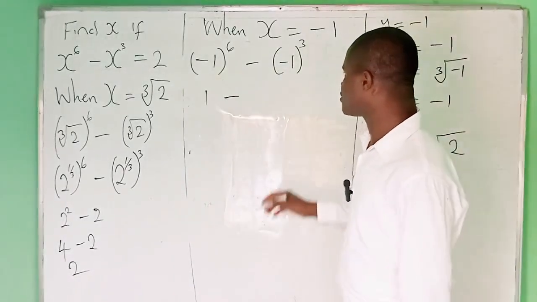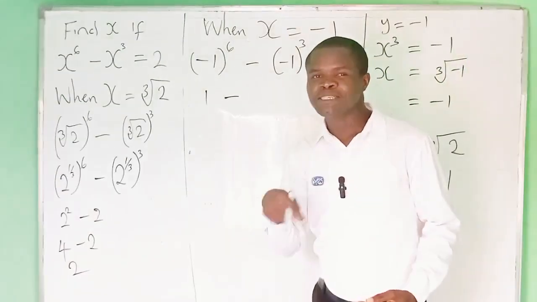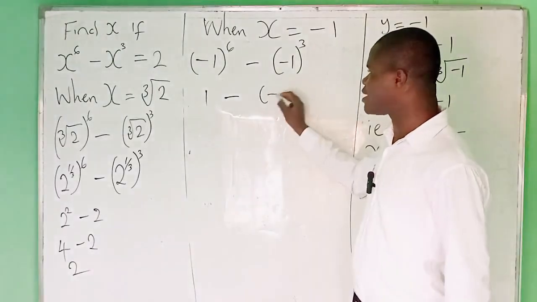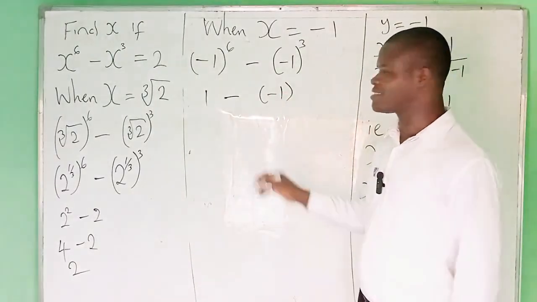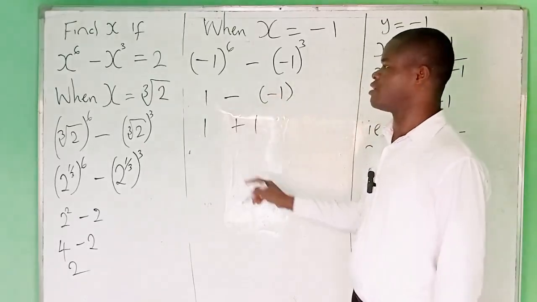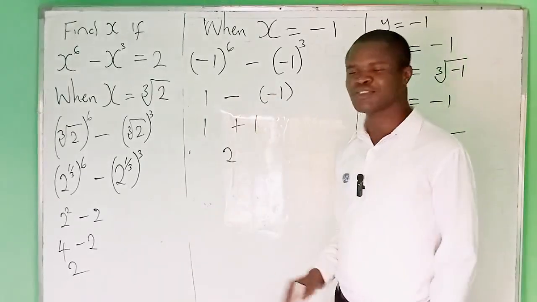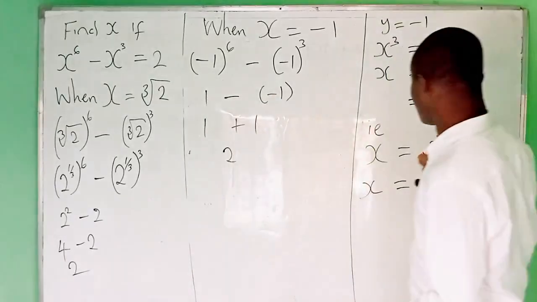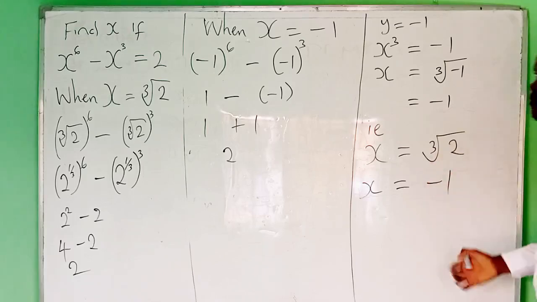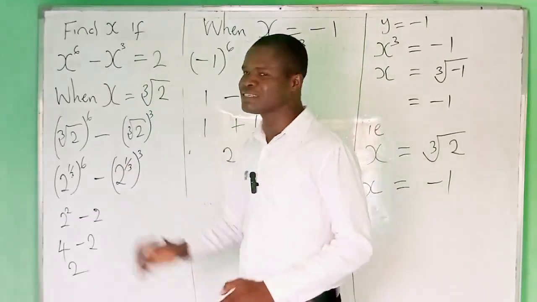Minus 1 raised to power 3 means minus 1 multiplied by itself 3 times, which gives minus 1 again. Minus times minus is plus, so this is plus 1. So 1 plus 1 is 2. That means x is equal to cube root of 2 and x is equal to minus 1 are the perfect solutions to this question.